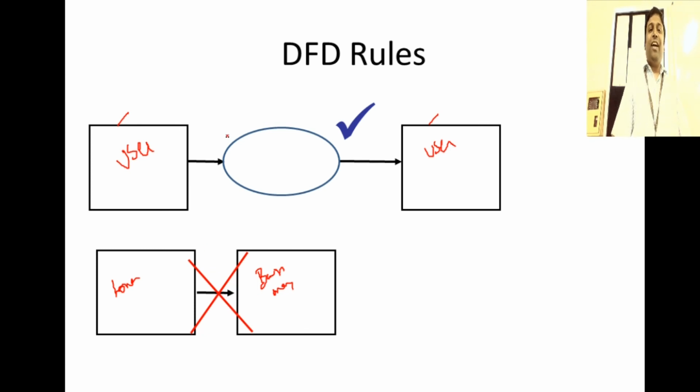Only when they interact by using a process does it really matter to us, right? So two entities interacting away from the system, why should we even put that? They may be talking to each other. That doesn't matter. We are focused on developing a system here. So these are some of the DFD rules.